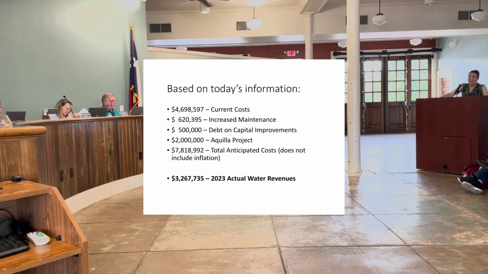The goal, if we need 7.8 million and we've got 3.2, we're in a real problem. And part of this is because budgeted numbers of revenue are not the same as actual numbers of revenue. We now have our audited actual numbers of revenue for 2020.